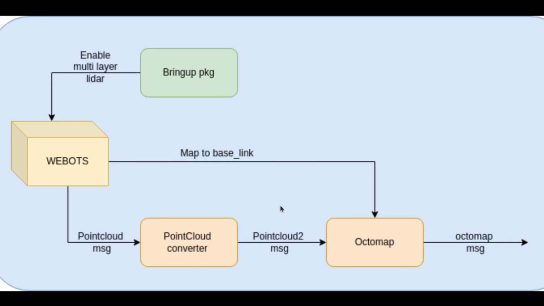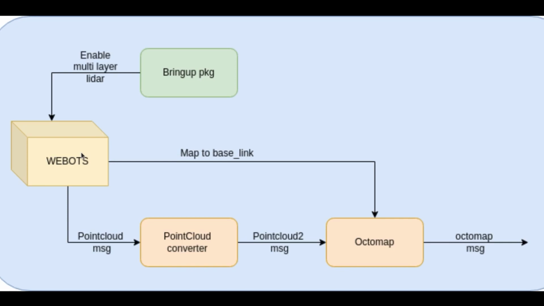If you have been following Robotics Picodegree on this channel, the bring up package will be familiar to you. If you are new to this channel, you should have a look at Robotics Picodegree on our channel, where we implement the bring up package and the Webots world step by step. We are using a multi-layer laser scan, and in Webots you can enable the point cloud topic of that laser scan.